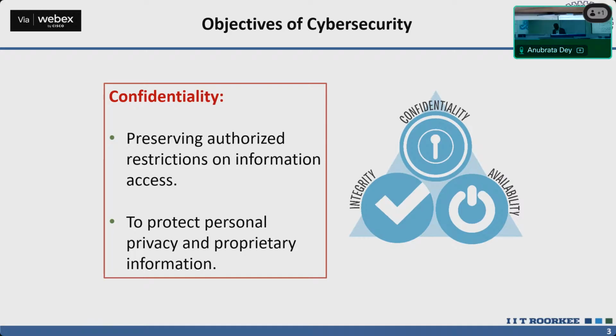So the major objective of confidentiality is to protect personal privacy and proprietary information. For any type of data, any type of smart devices, when they communicate with other smart devices, they send data. Only authorized users, let's say engineers who are authorized to have the data, are able to observe or get access to that data.